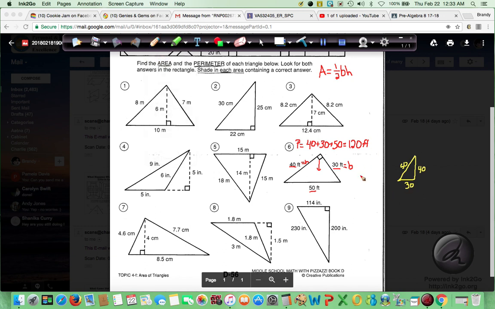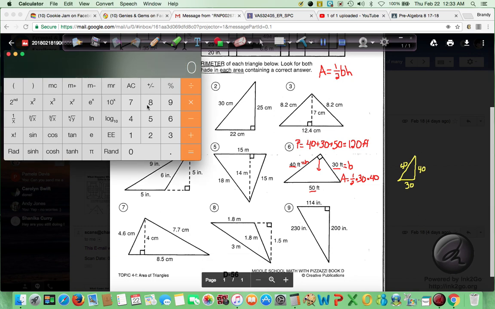So now let's find our area. We have labeled our base and our height, so area is going to equal 1/2 times my base, which is 30, times my height, which is 40. Grab your handy dandy calculator. Figure that out. So we have 1 divided by 2 times 30 times 40, and we get 600.